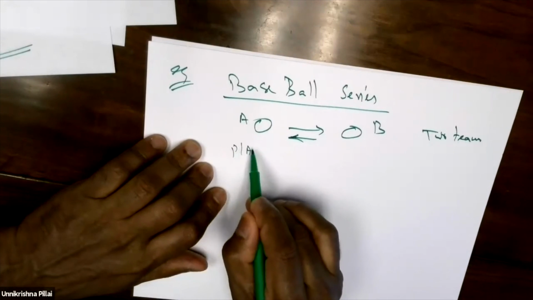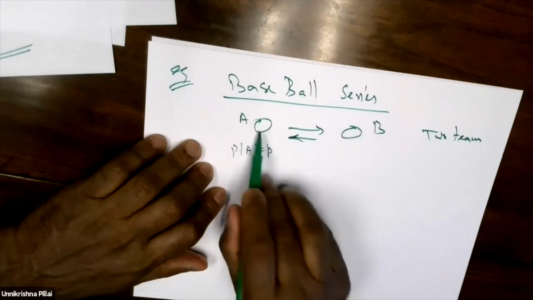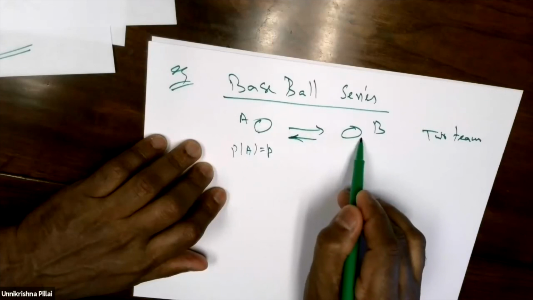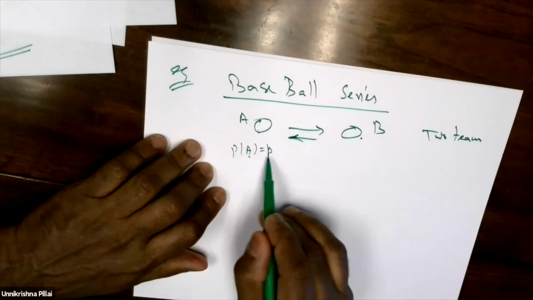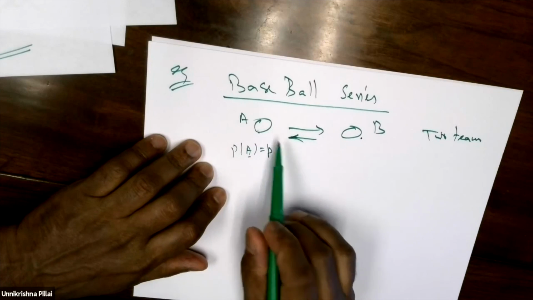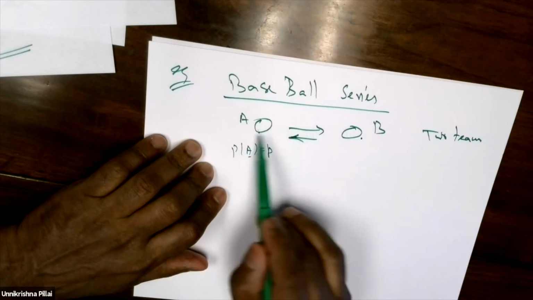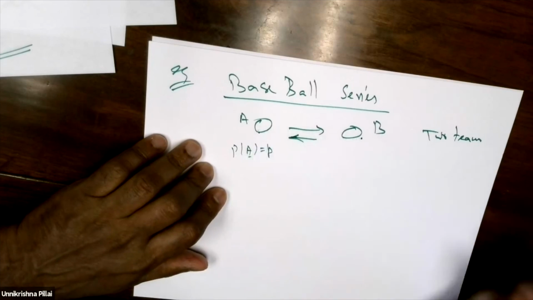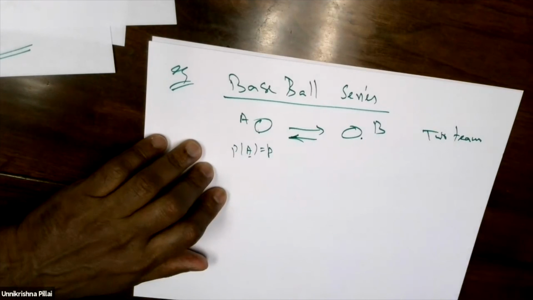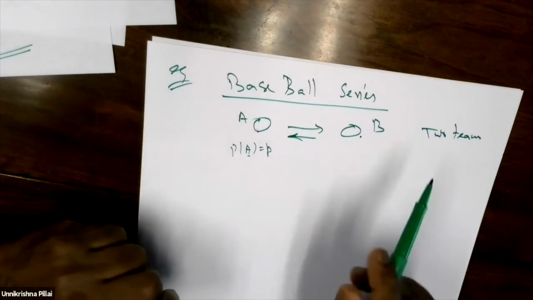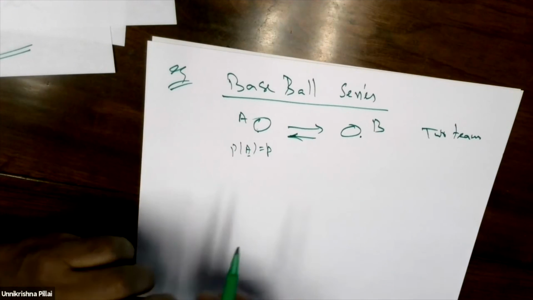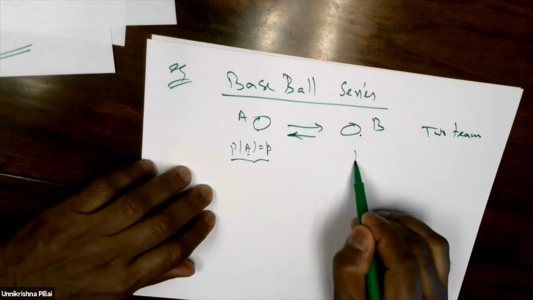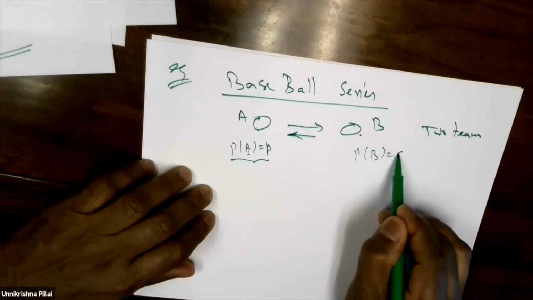Of course, depending on who your opponent is, your probability will change. If the Mets are playing against the Yankees, that's one show. If the Mets are playing against somebody else, their strengths and weaknesses will depend on the opposite team also. So let's assume this is p, and of course the probability of the other team winning will be q.